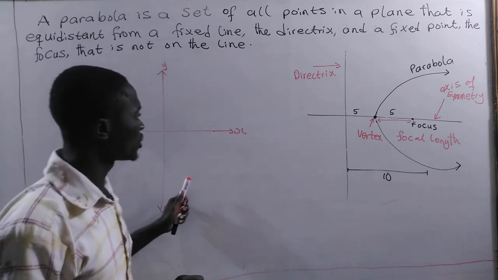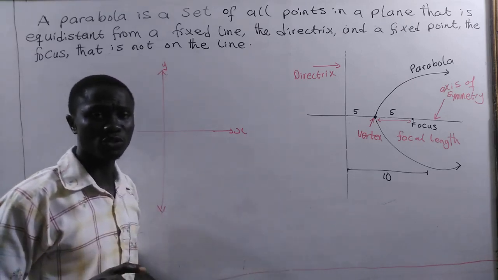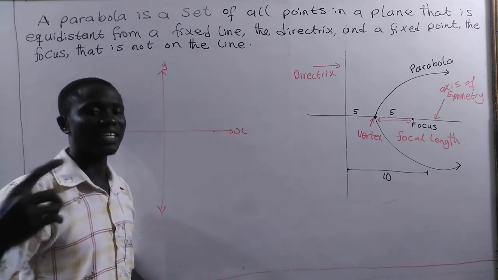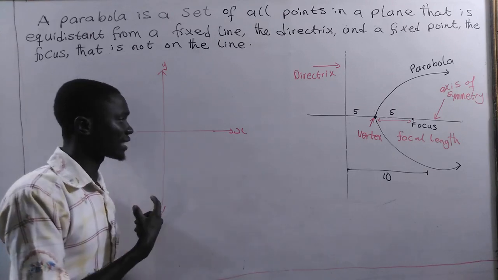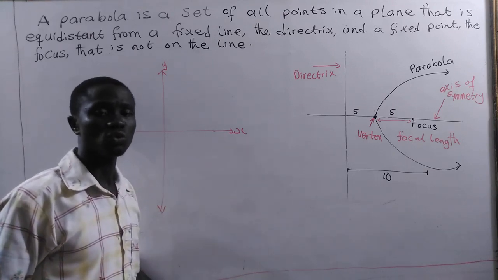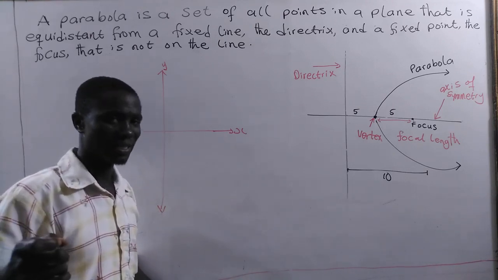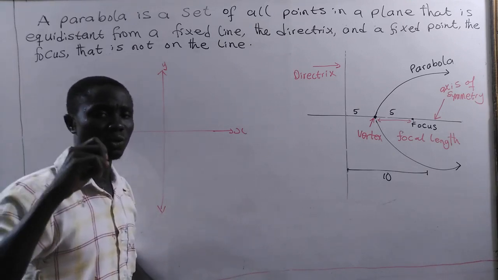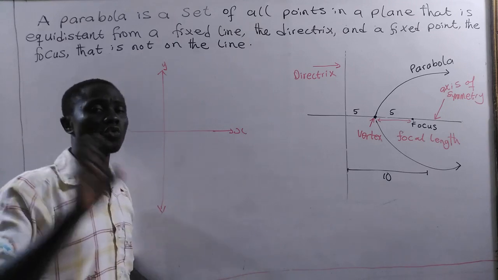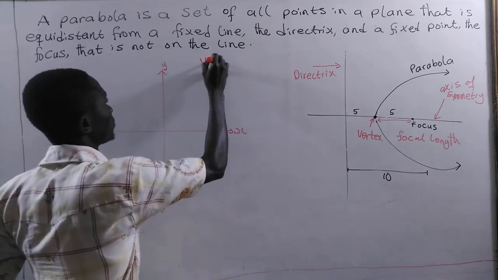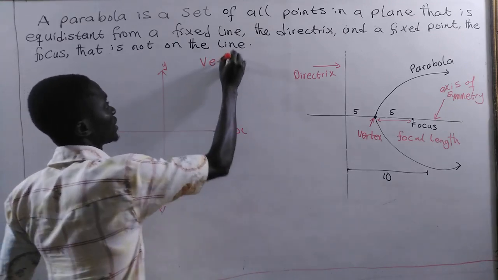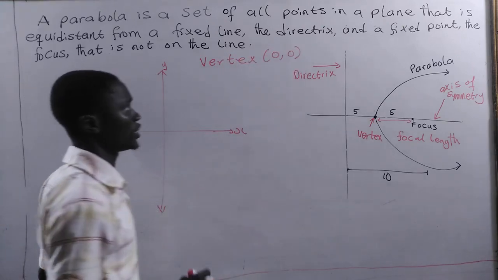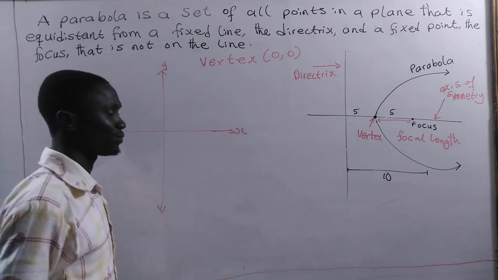Now, if we choose the x-axis as the axis of symmetry, we can draw two parabolas. And if we choose the y-axis as the axis of symmetry too, we can draw two parabolas. The parabolas that I'm talking about here is the parabolas with vertex at the origin. So, vertex at the origin, that is the point x equal to 0 and y equal to 0.